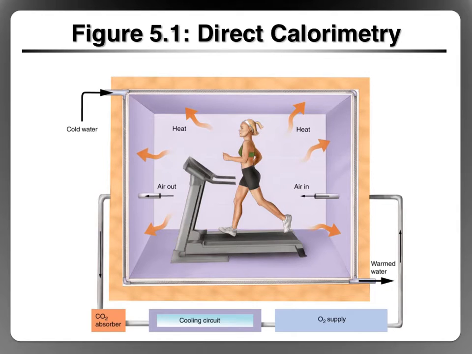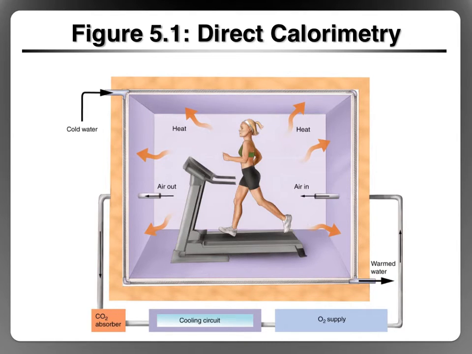The problem with this system is that it requires a large chamber, as you can see, which is expensive. Another problem with this technique is that some heat energy that's liberated from the body doesn't leave the body.